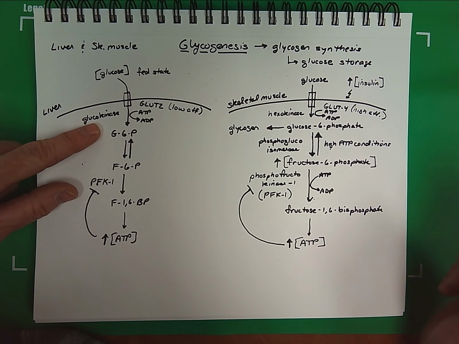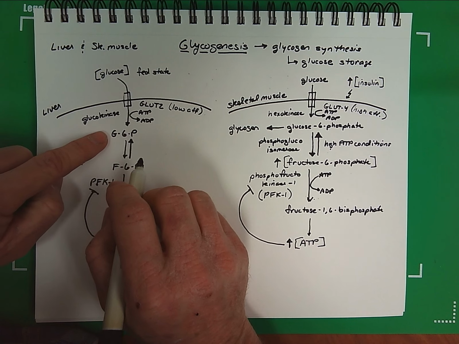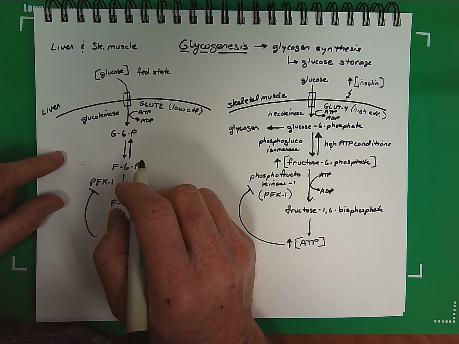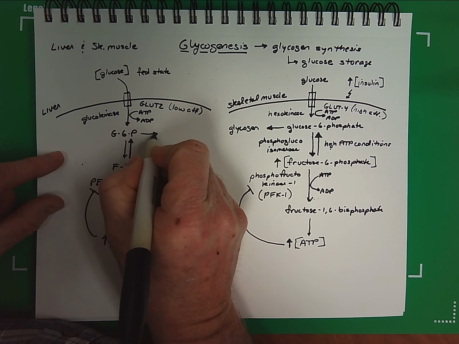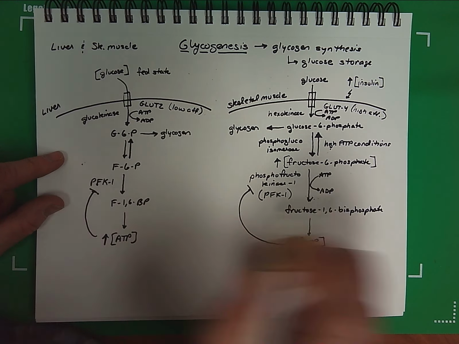And again, the glucokinase reaction is irreversible, so we cannot go backwards. So the glucose 6-phosphate concentration starts to build. The purpose of this then is to shunt it into glycogen synthesis.